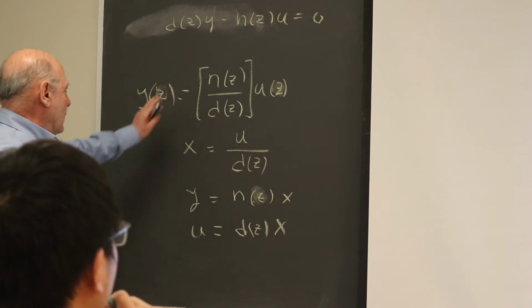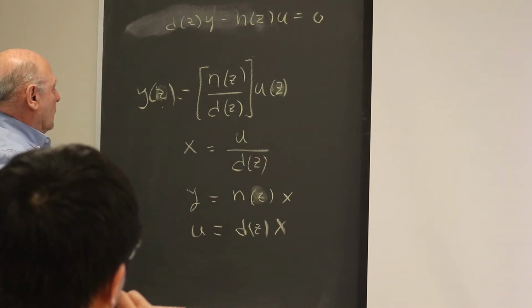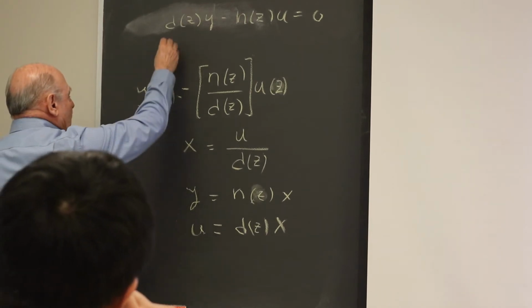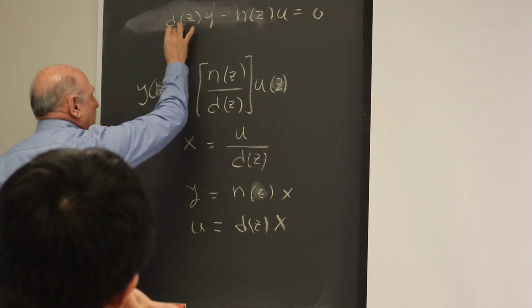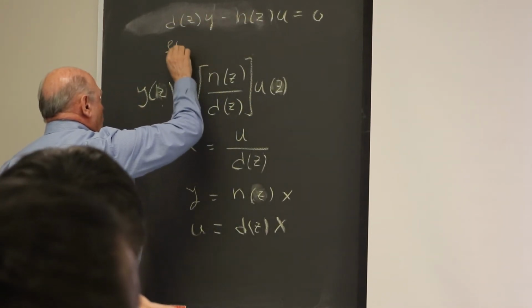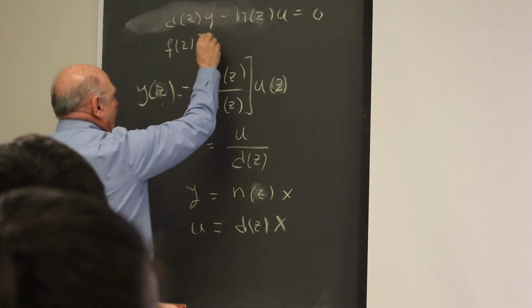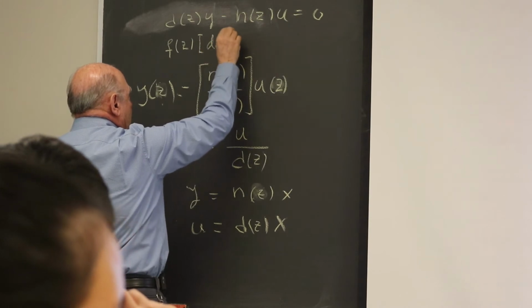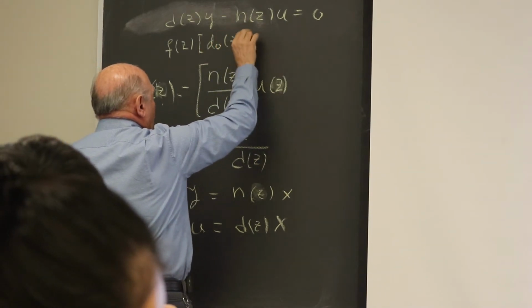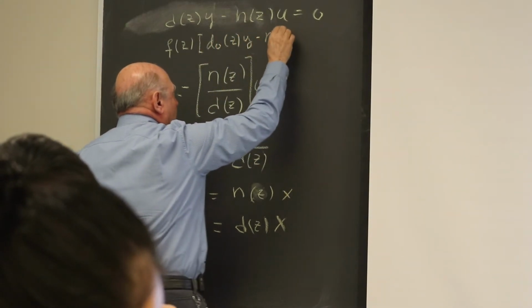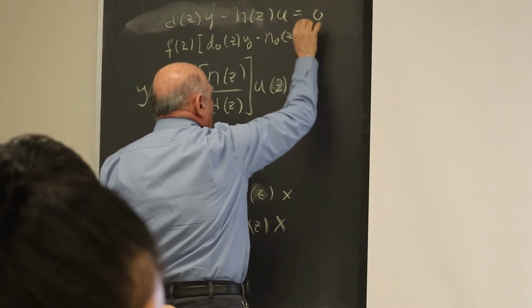This should characterize the description of the system. But if there is a common factor f between the numerator and the denominator, we can pull it out as a common factor and get here, let's say, d0 of c times y minus n0 of c times u.